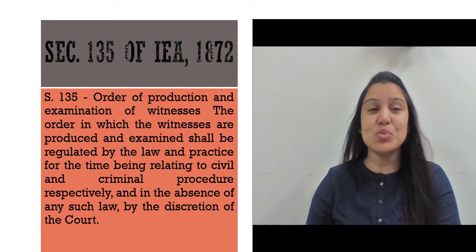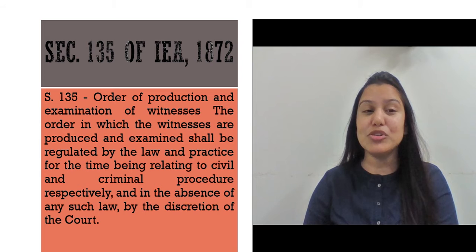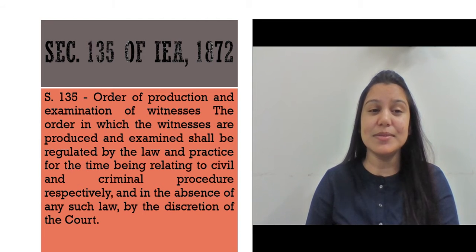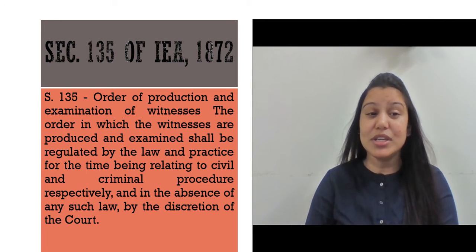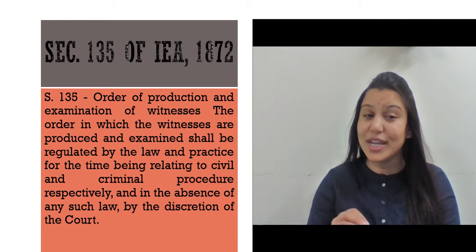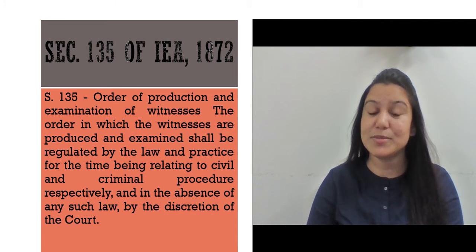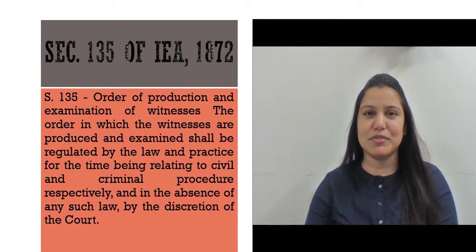So now let's see section 135 of the Indian Evidence Act, which says order of production and examination of witnesses. The order in which the witnesses are produced and examined shall be regulated by the law and practice for the time being relating to civil and criminal procedure respectively, and in the absence of any such law by the discretion of the court.